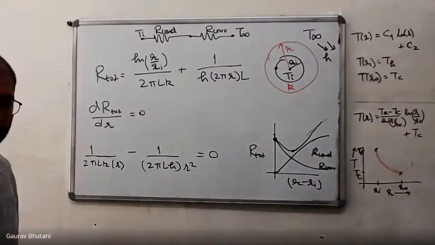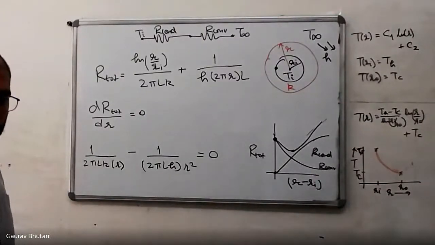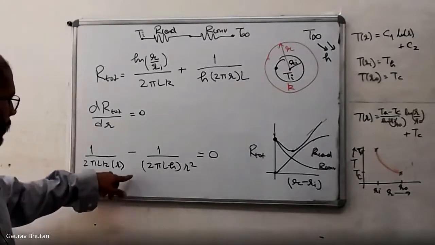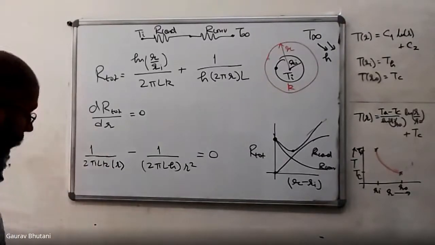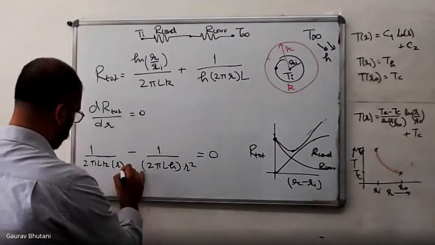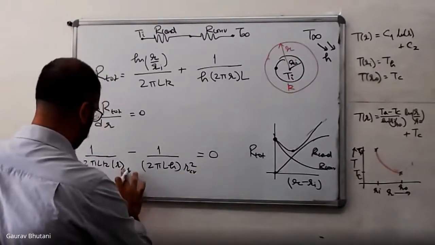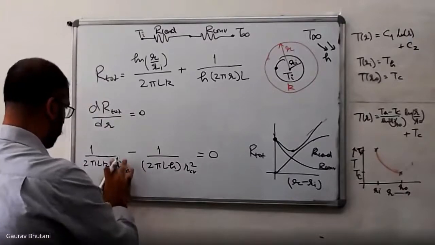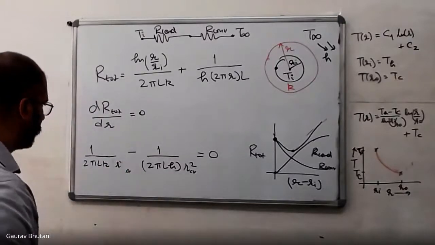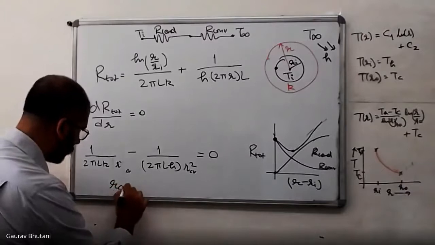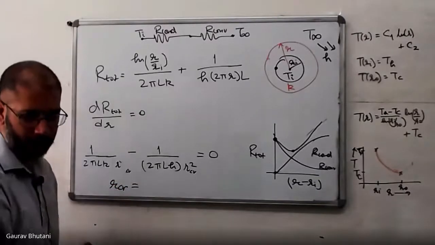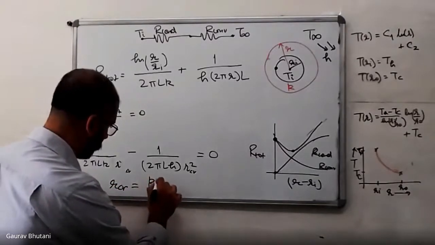Are we happy? So this is 0 at r critical. So I put r equal to r critical. So what we see is that our r critical is k by h.